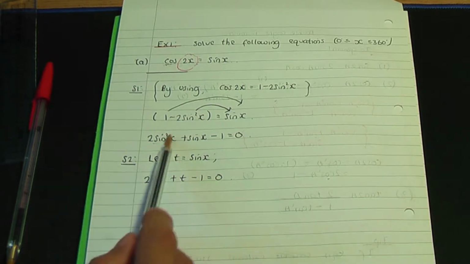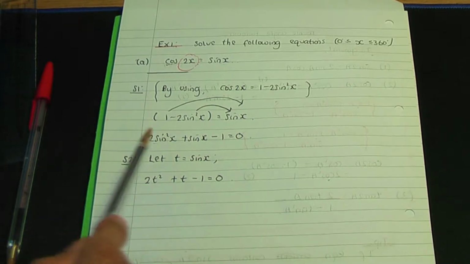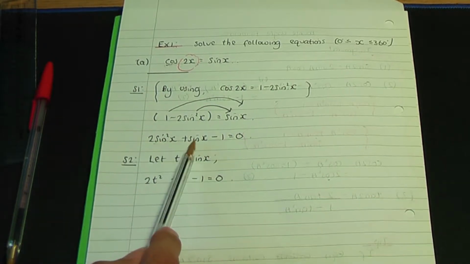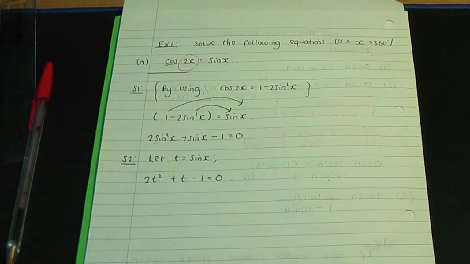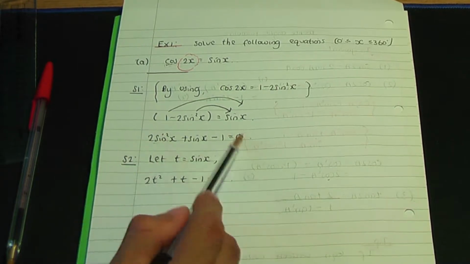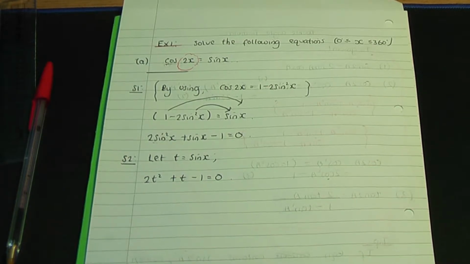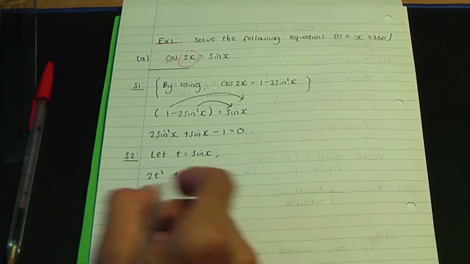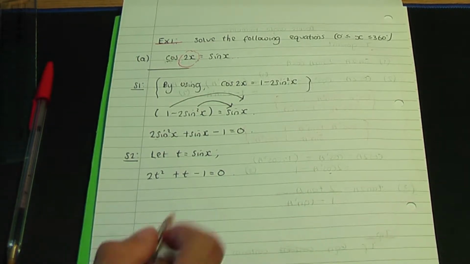In some cases, some people will like to replace the trigonometric ratio by a letter to make the equation easier to understand and follow. Other people will prefer not to do this and solve this quadratic involving the trigonometric ratio. So either way is good. In this case we can factorize or use the quadratic formula.